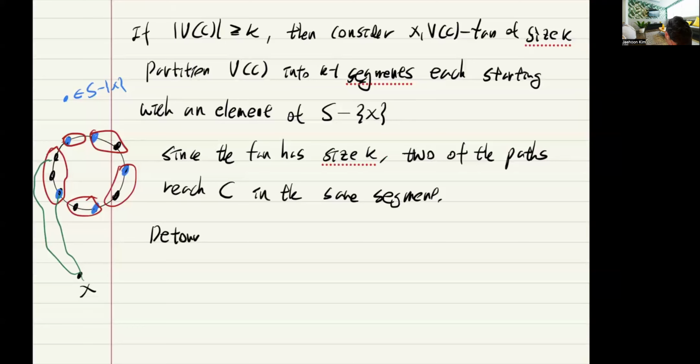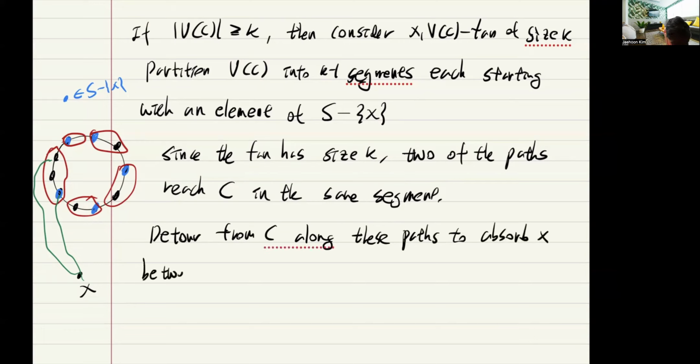The detour from C along these paths absorbs x between two vertices of S minus x.